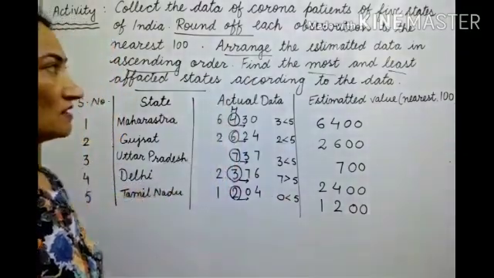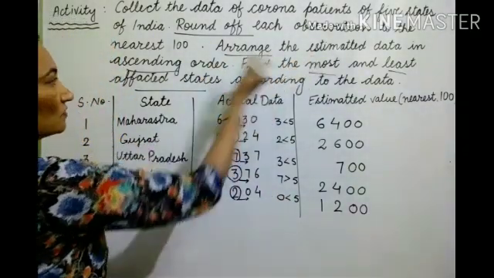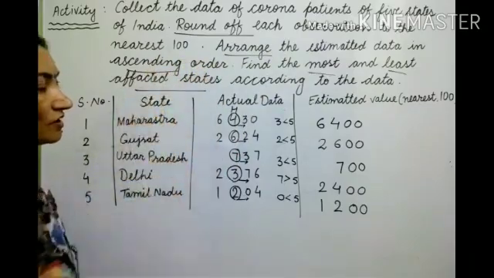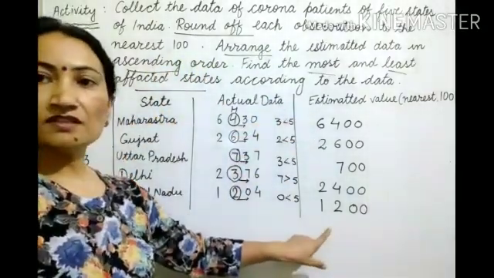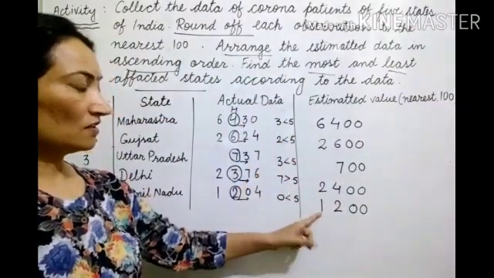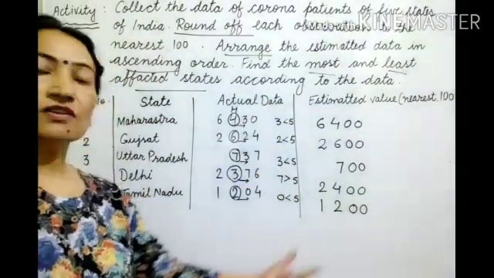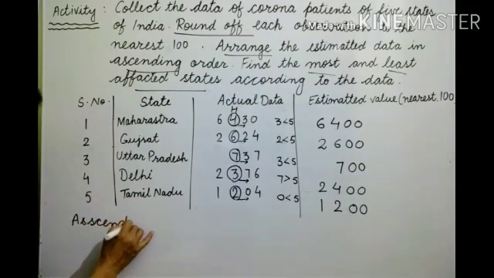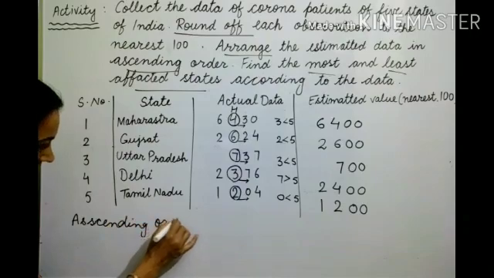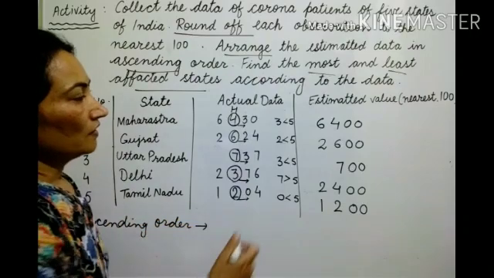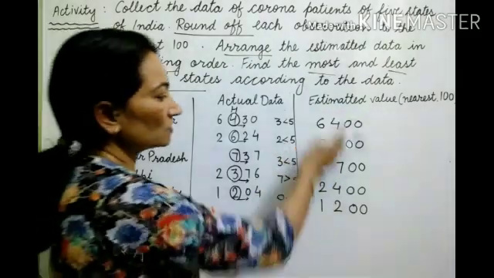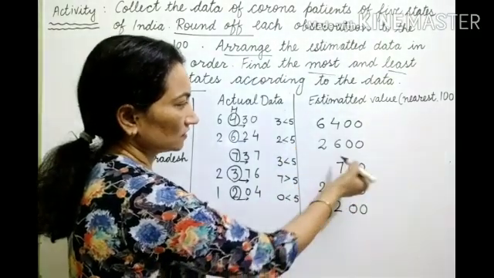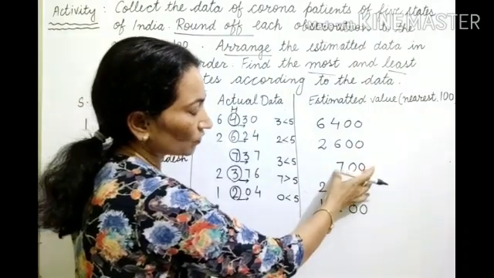Now, what is asked next? Arrange the estimated data in ascending order. We have the estimated data now to the nearest 100. Now we will arrange these numbers, this data, in ascending order. Now see in the 5 numbers, which is smallest?